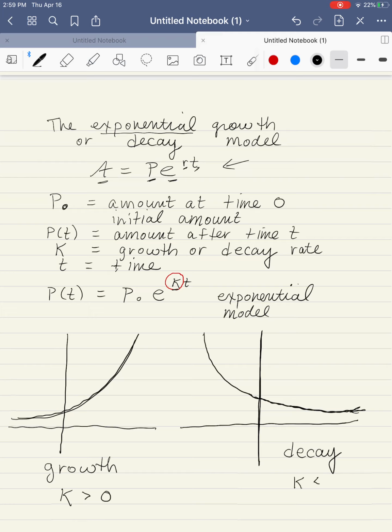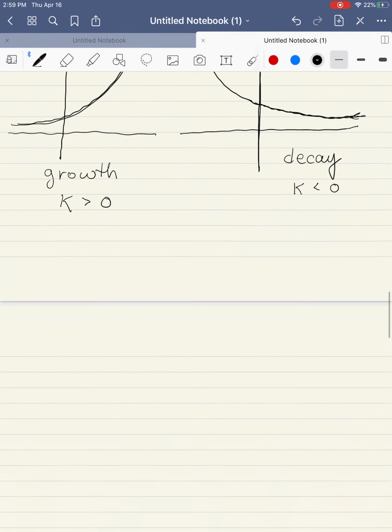And if k is negative, we'll have that reflection, and we will have decay, if we have a negative exponent. So if you're looking at an exponential model, you can tell immediately if you will be growing over time or decaying over time, in other words, getting smaller over time, by whether the rate is a positive number or a negative number.